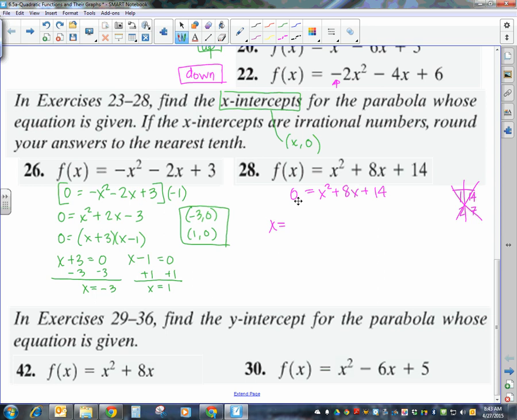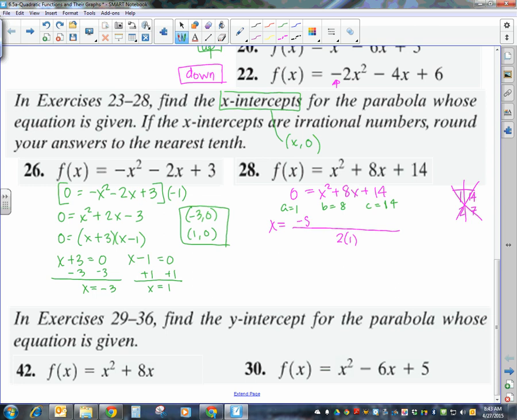So let's refresh. Remember that A equals 1, B is equal to 8, and C is equal to 14. Okay, so when I put it in my quadratic, remember it's all over 2A.